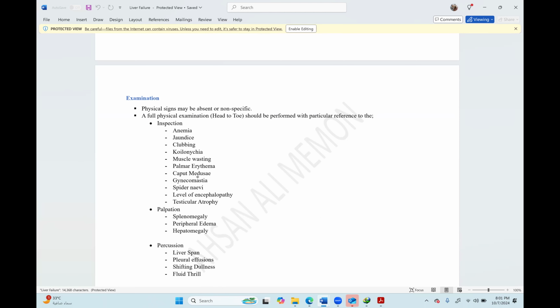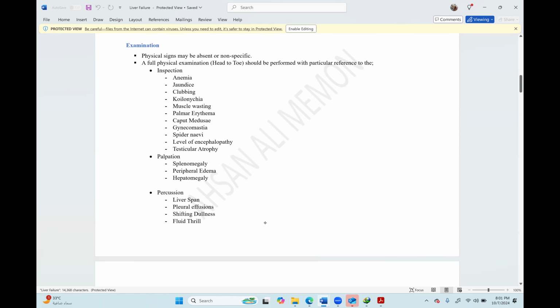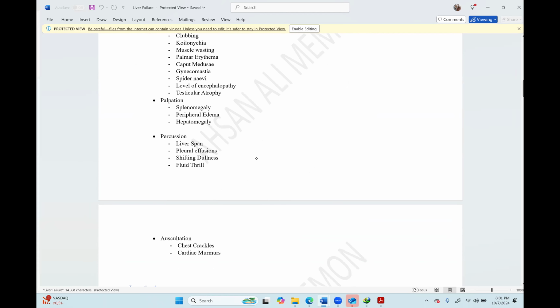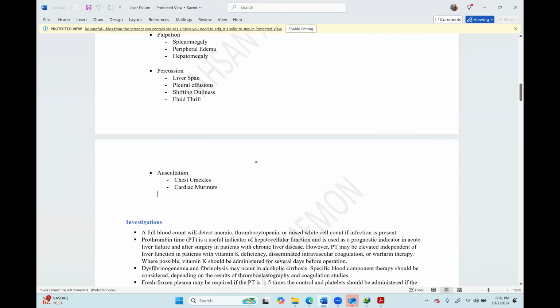gynecomastia. We discussed actually yesterday testicular atrophy. This is a good revision. In palpation, there may be hepatosplenomegaly, ascites, liver span, liver may not be palpable if there is too much ascites, pleural effusion, shifting dullness, fluid thrill.